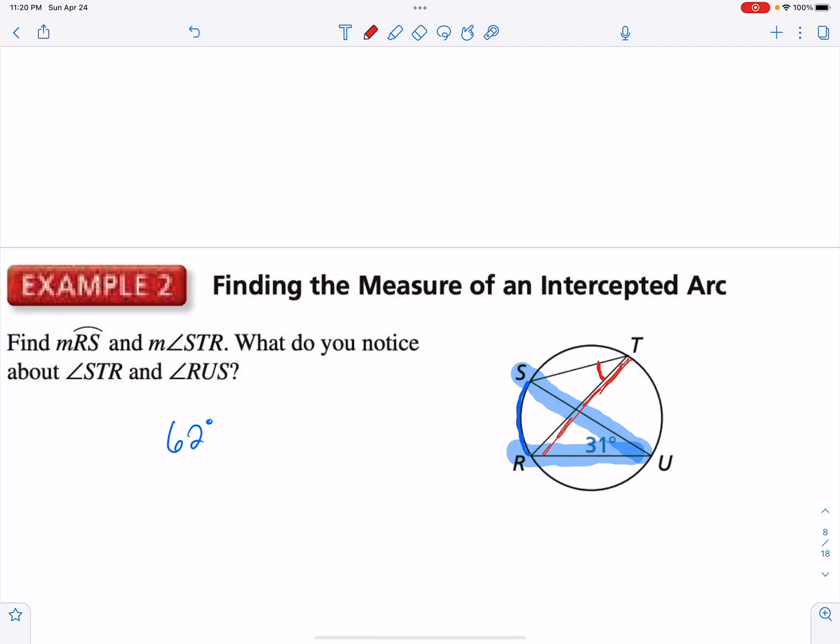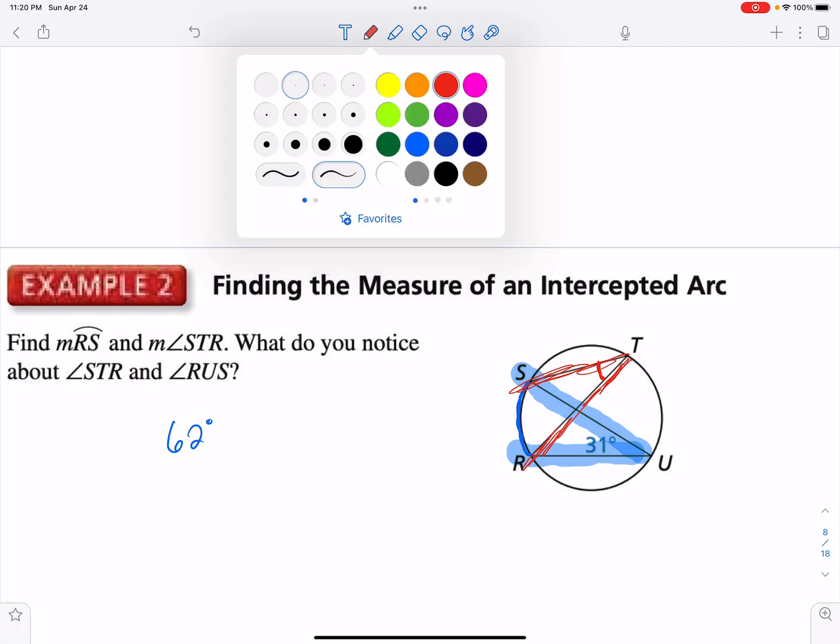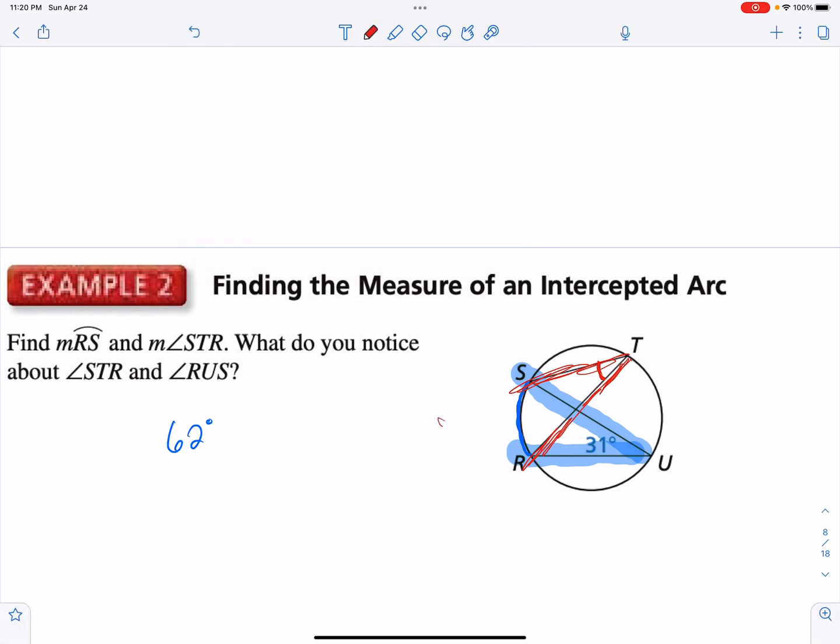So this angle here is also creating that same arc. And so what they're trying to get us to realize here is if we have two angles creating the same arc, those two angles have to have the same measure. So the measure of angle T, or STR, is the same as the measure of angle RUS because they create the same arc.